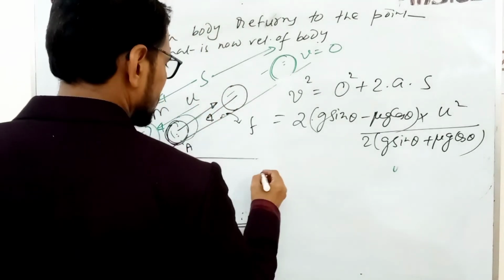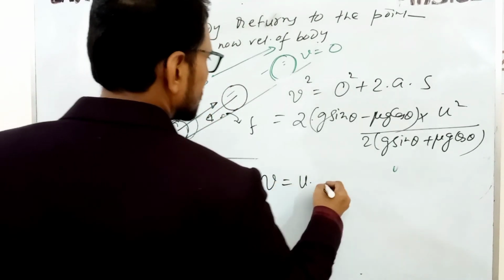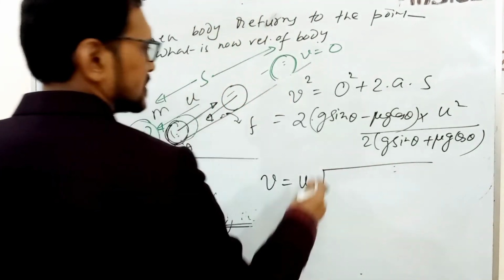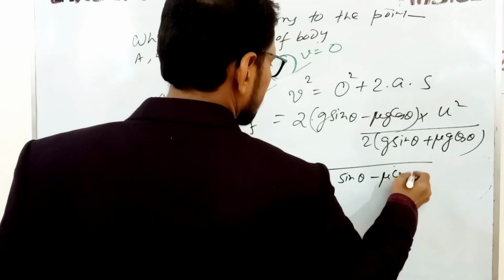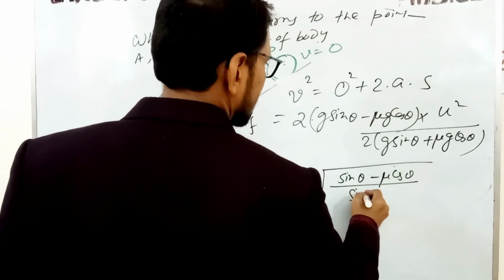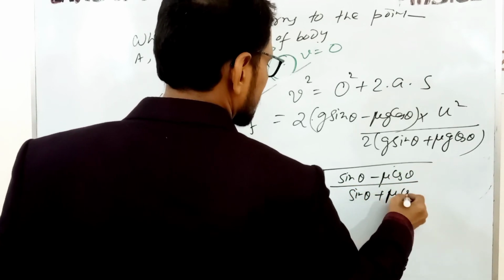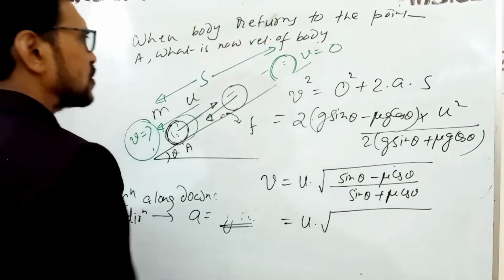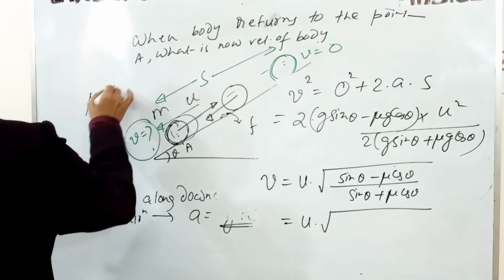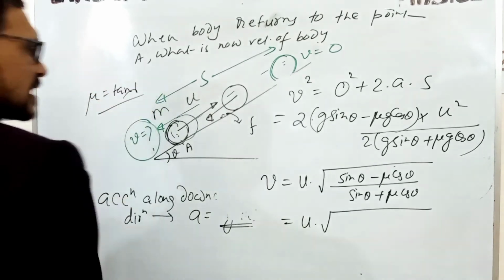So v equals u into root over (sin theta minus mu cos theta) by (sin theta plus mu cos theta). Now if we put mu equals tan lambda, what is the result?